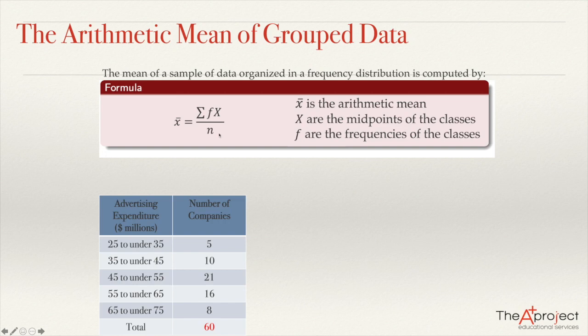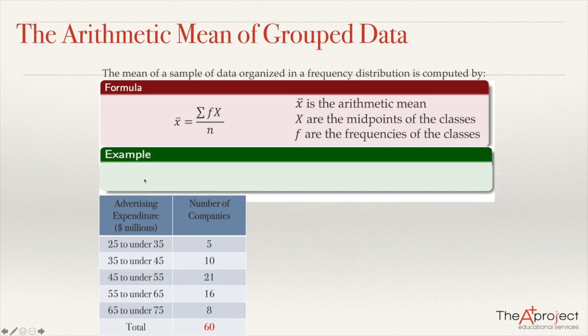Well, let's see how we can use this formula to actually compute the arithmetic mean of this sample. So let's see this as an example. The example will be computing the mean of the advertising expenditure of these 60 companies.